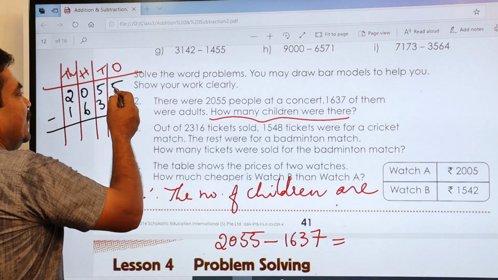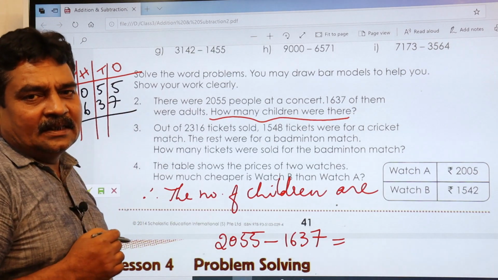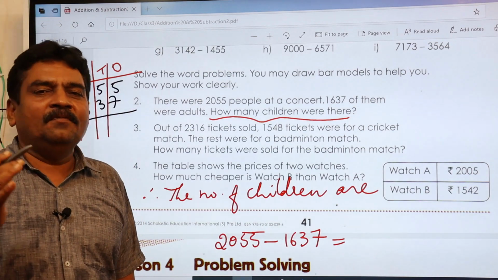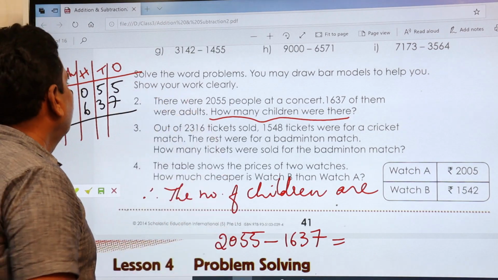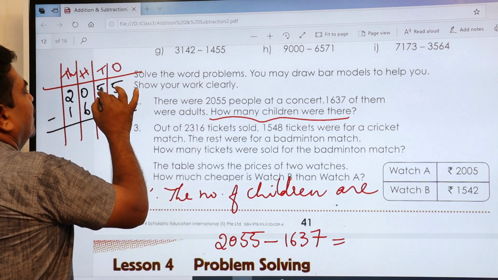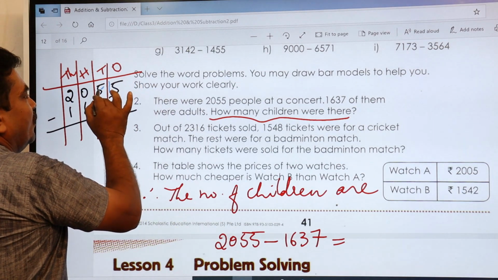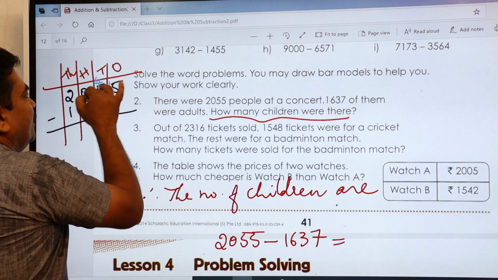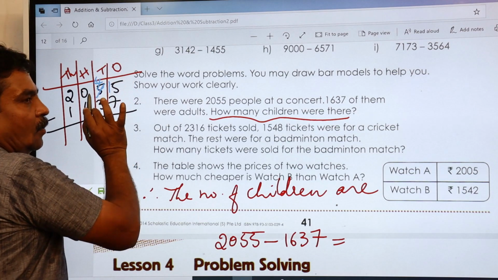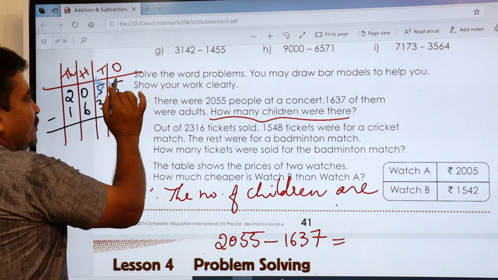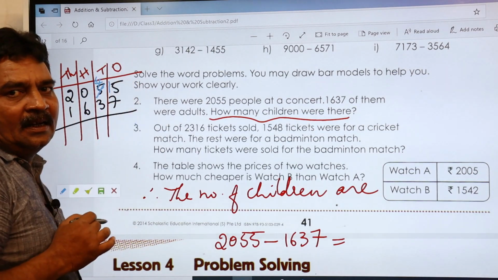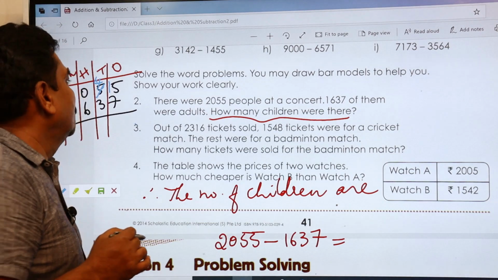Let's see. Here you have 5 and here you have 7. So you cannot remove 7 from 5. So carry one number from the beside number. I am carrying one number, it becomes 15, and when you reduce one from this number 5, it becomes 4. The new number is 4 now. Leave this and you first do this. 15 minus 7 is how much? 8.